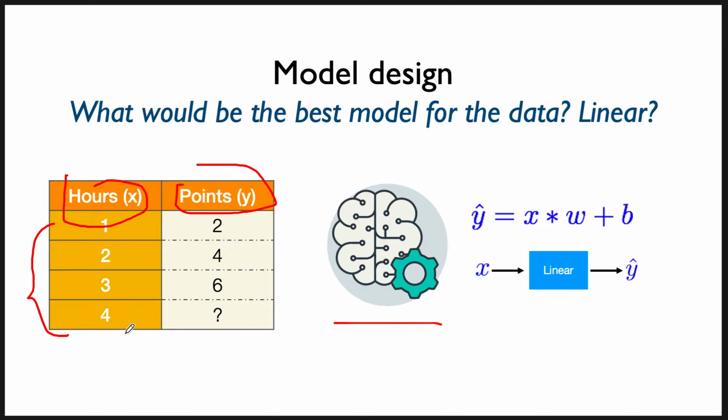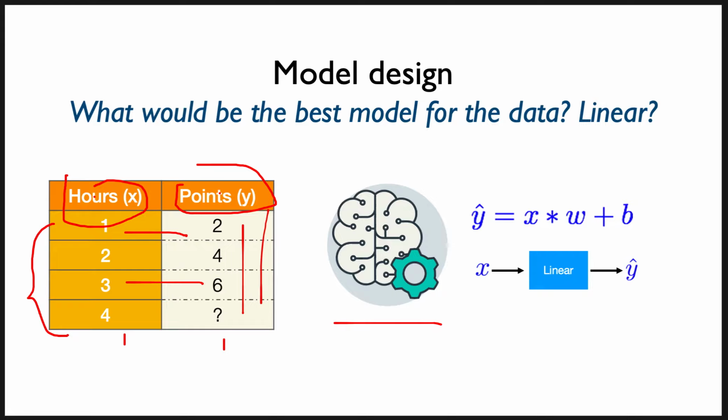What is the output? In this case, if you spend more time, you probably have higher points. If you spend less time, you can get lower points. So the two data, hours and points, have basically a linear relationship.